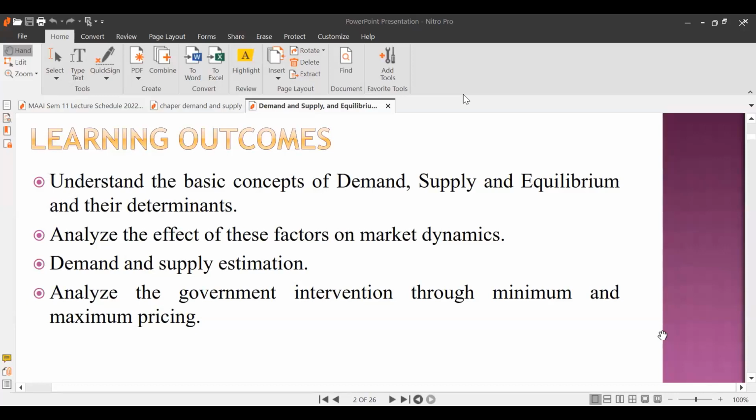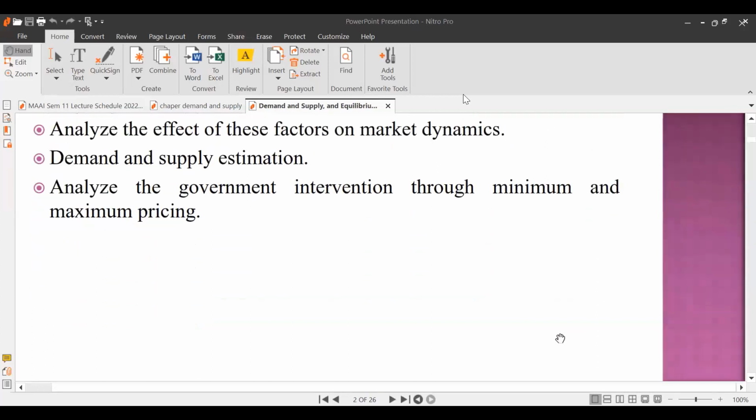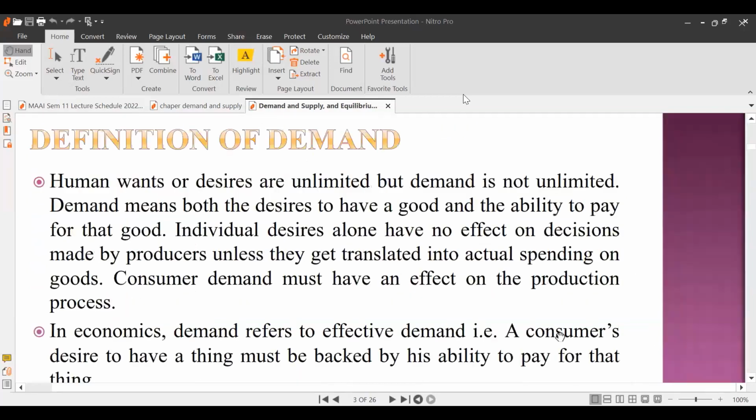Again, if we impose a tax, what will happen? Likewise, you should have some experience with arithmetic calculations as well. Today I'm really focused on introducing demand and the determinants of demand, supply, and the determinants of supply, and the equilibrium.